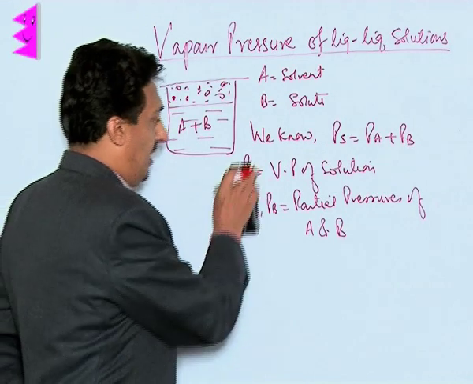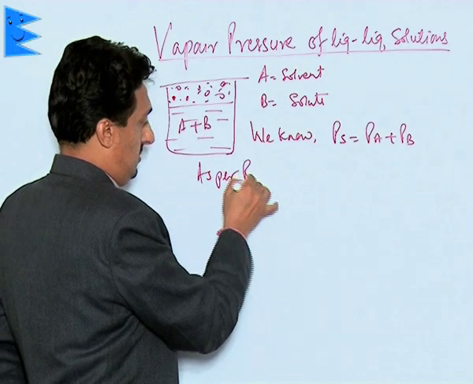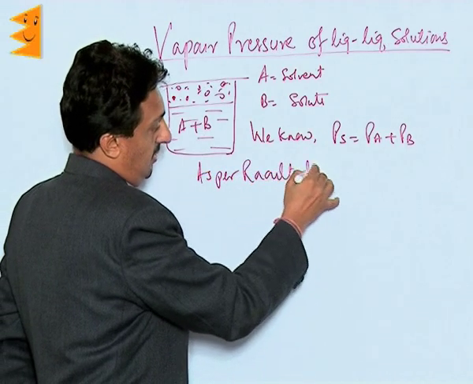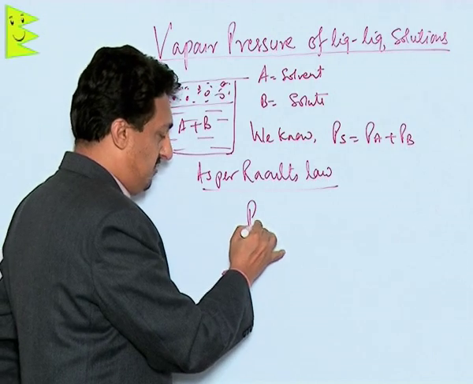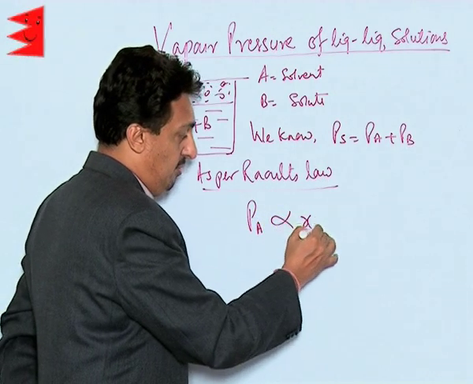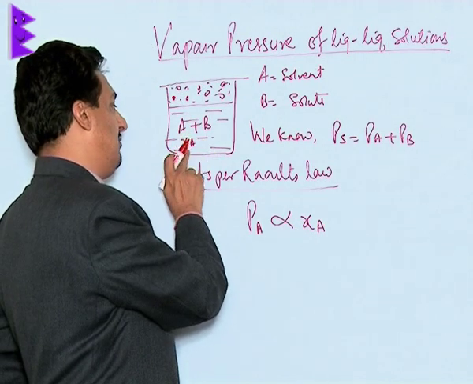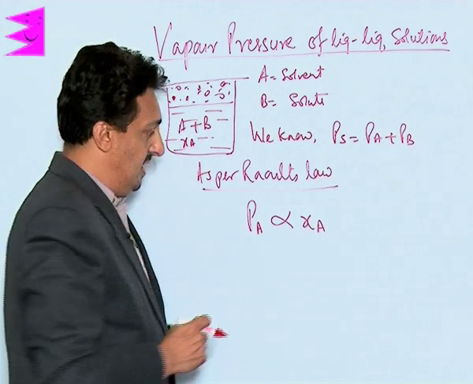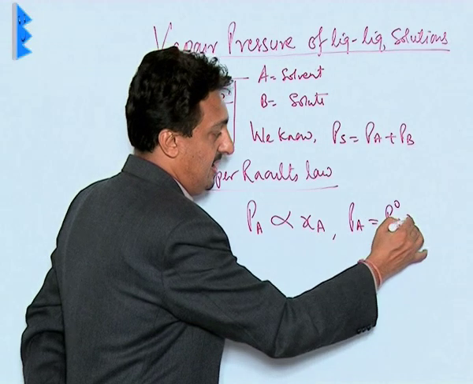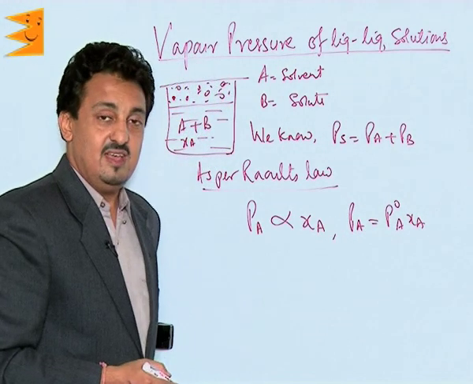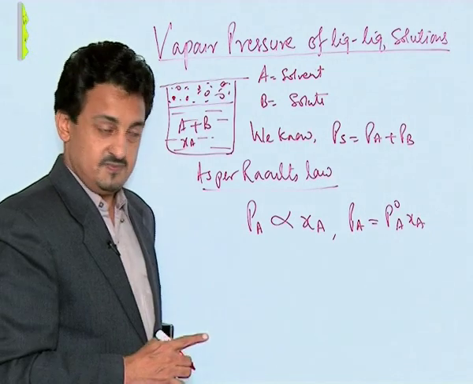As per Raoult's law, the partial pressure of any component is proportional to the mole fraction of that component in the solution. XA is the mole fraction of A in the solution, and this proportionality is removed by a constant, so PA equals P naught A XA. P naught A is the vapor pressure of A in the pure state when it is present alone.